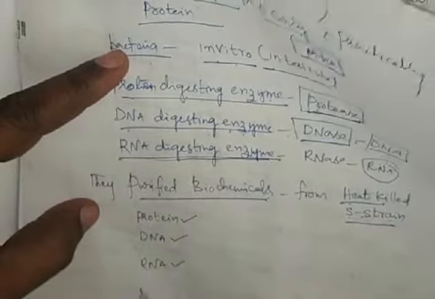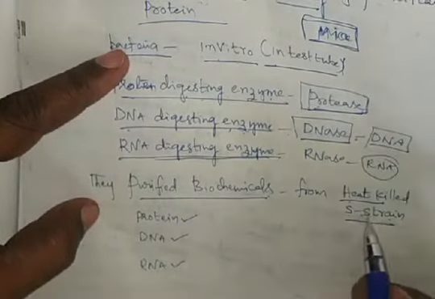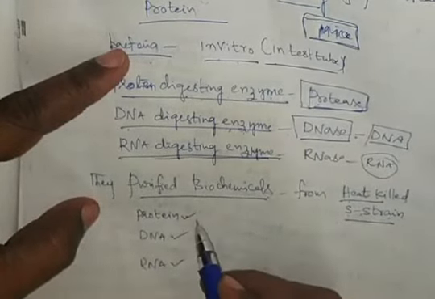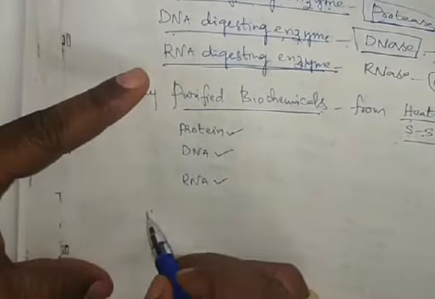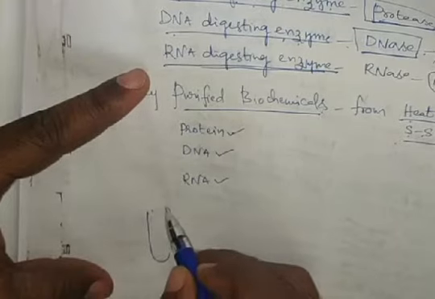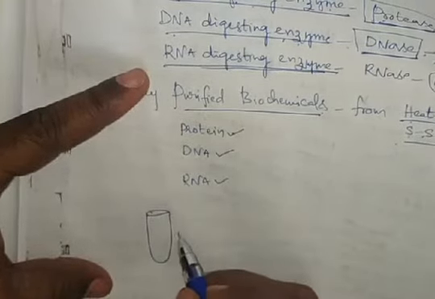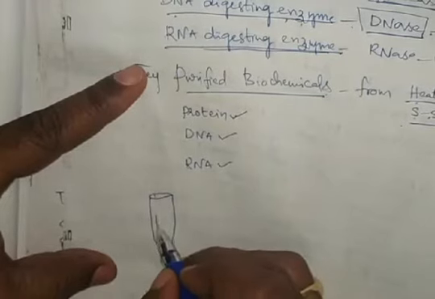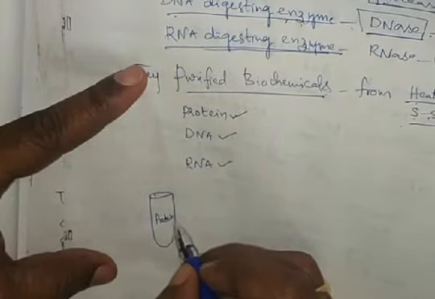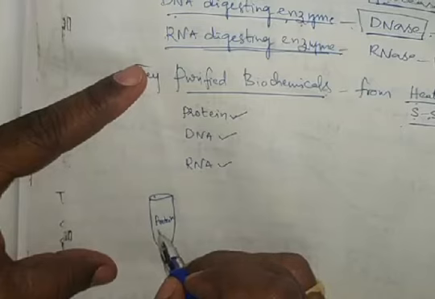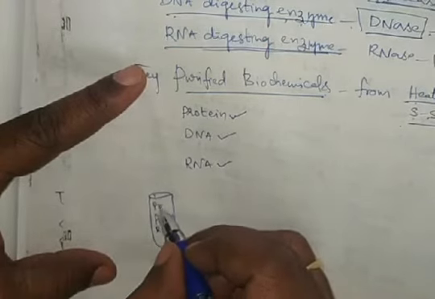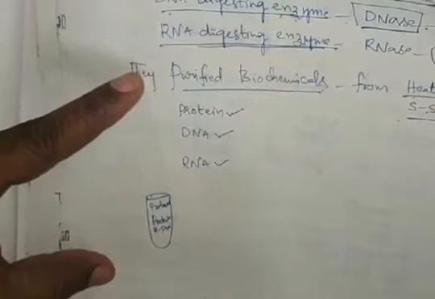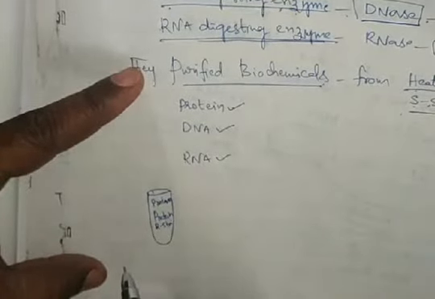The three chemicals extracted from the heat killed S strain were separately put into different test tubes. In one test tube, what did they take?